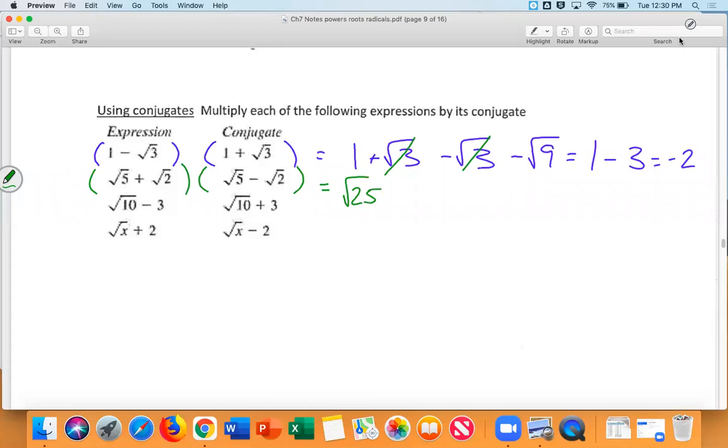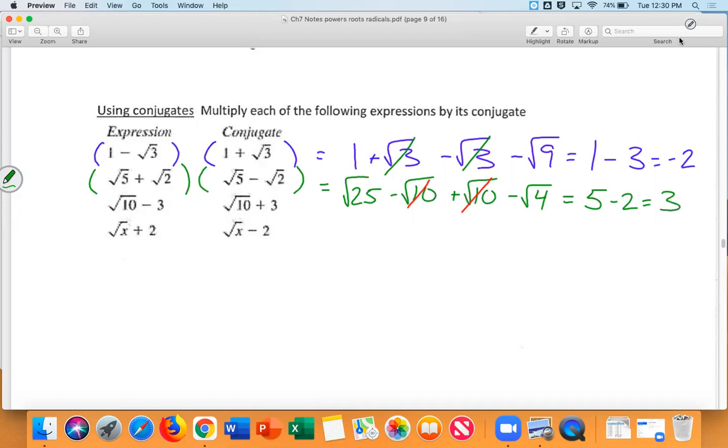Then I have root 5 times negative root 2, that's negative root 10. Then root 2 times root 5, that's positive root 10. And then root 2 times negative root 2, that's negative root 4. But here, look, negative root 10, positive root 10, they cancel. Root 25 is 5, root 4 is 2, so I have 5 minus 2, which is 3.